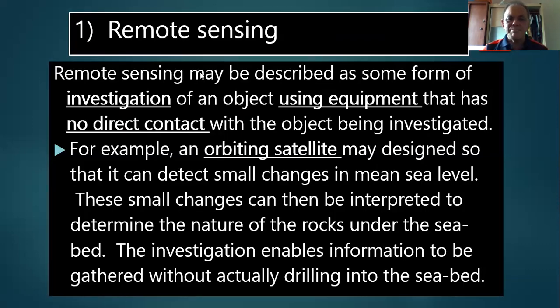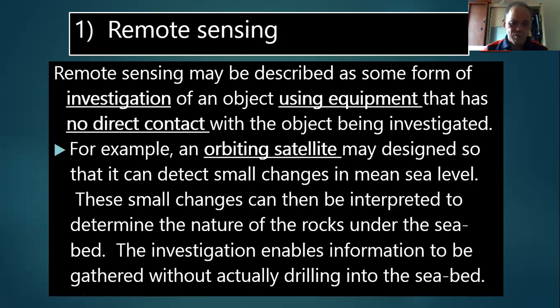Remote sensing may be described as some form of investigation of an object using equipment that has no direct contact with the object being investigated. You have to look inside the body, any tumor. You put an equipment outside to see what's inside there. You don't have to break the body up.